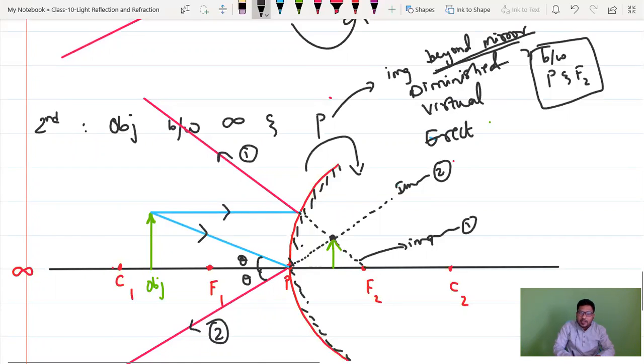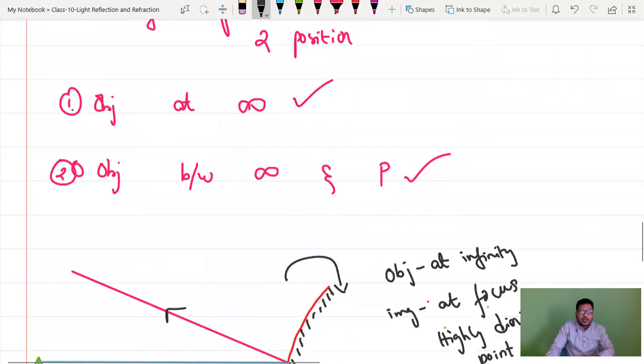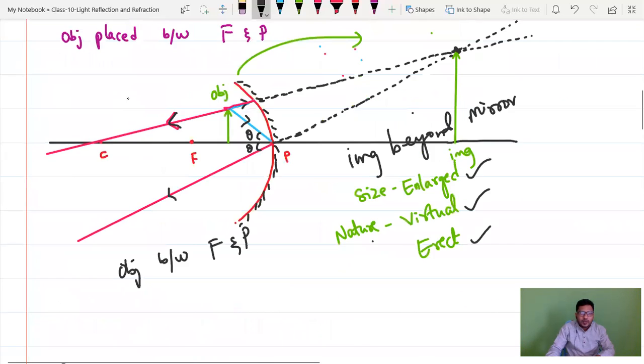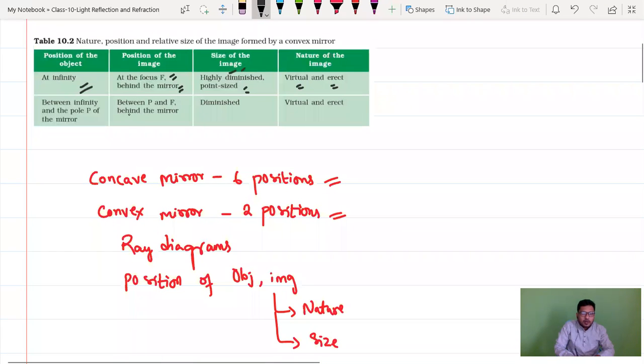Okay, it will be diminished because size is small, virtual because it is forming backside of the mirror, erect because it is straight. You can see this table. Between infinity and pole P, if you place, it will form between P and F, P and F2, correct. Or behind the mirror, both are correct. It is diminished, virtual, erect.